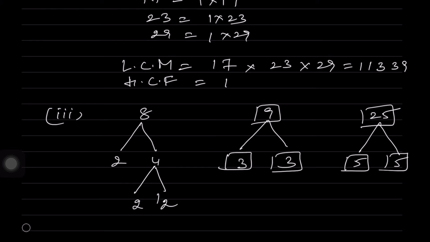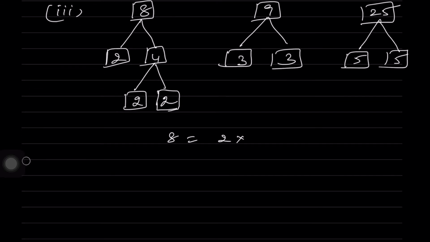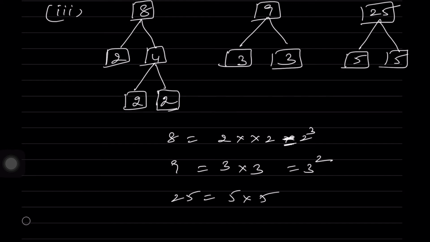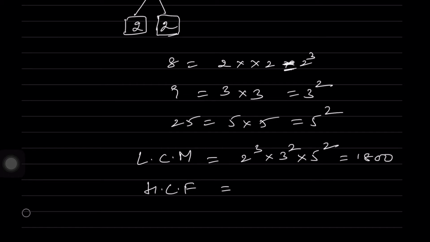So 8 can be written as 2 into 2 into 2, which is equal to 2 cubed, and 9 is equal to 3 into 3, 3 square, 25 is 5 square. So LCM is equal to 2 cubed into 3 square into 5 square. And here HCF, again you have it as 1, because 1 is common in all of them.